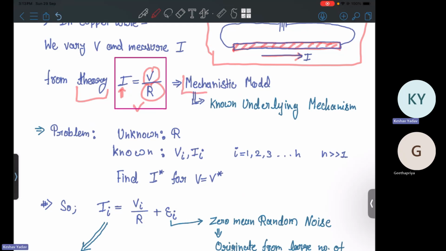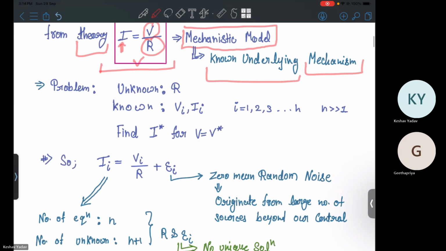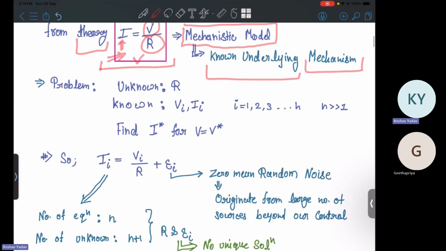This is called a mechanistic model, when we know the mechanism that is governing the underlying physics. Let us assume that we know this relation for this problem. In this equation, what is unknown?